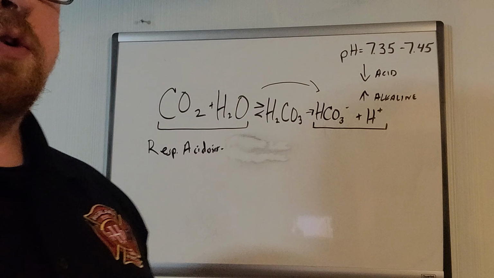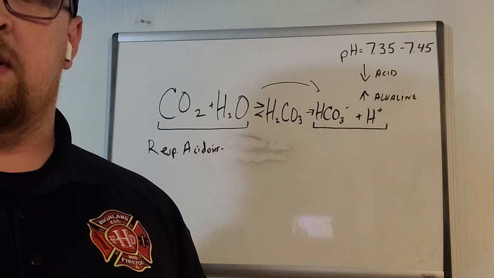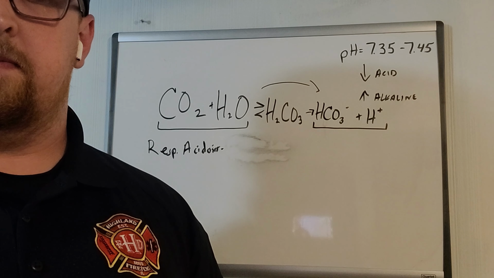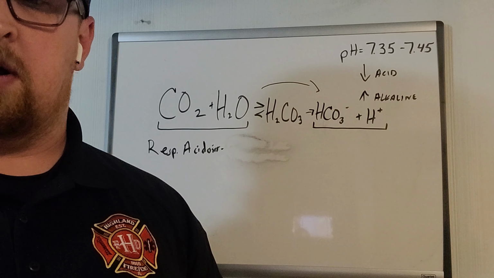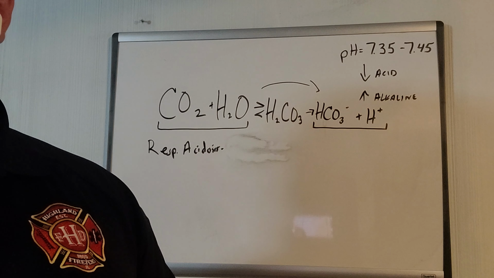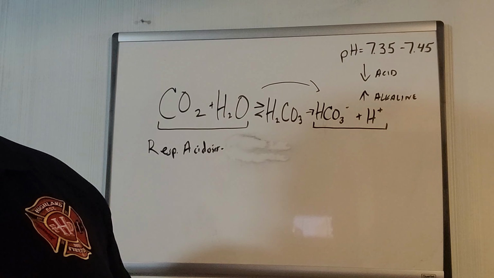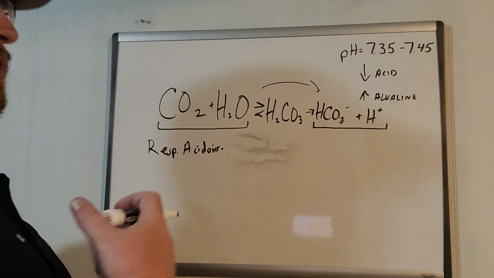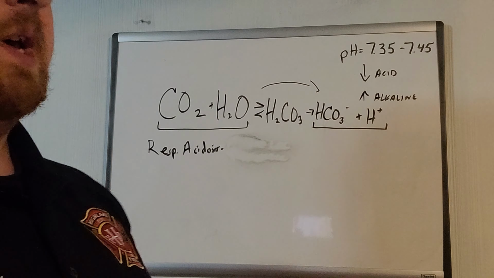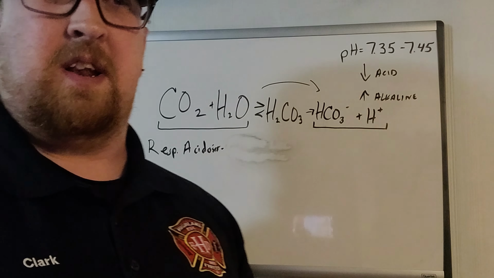With a respiratory acidosis, which you will see a lot of times in the field because they are not breathing off that carbon dioxide, you will see somebody having an altered LOC, becoming tachycardic, becoming diaphoretic, and a lot of times they start to develop a headache as well.